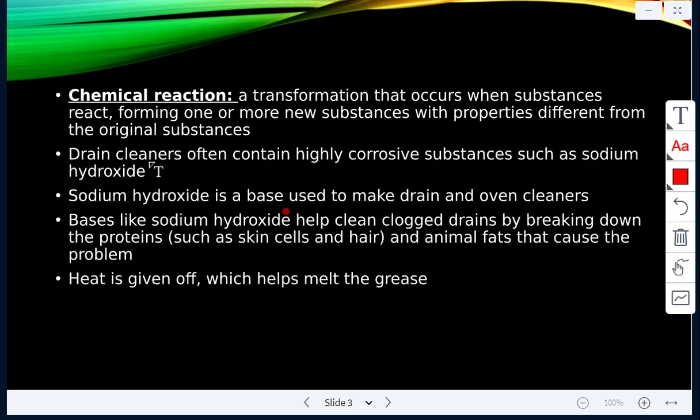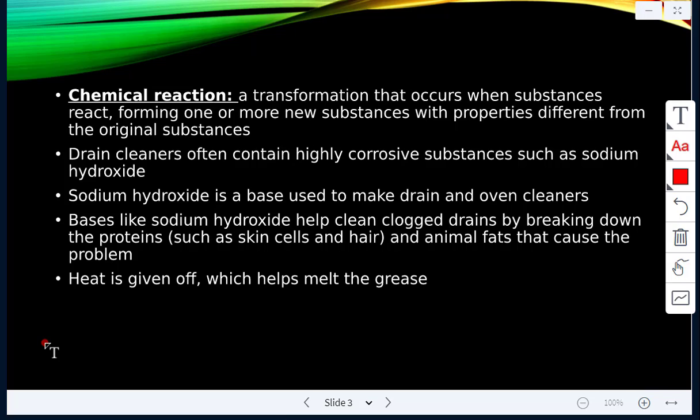When we talk about drain cleaners, like Drano, they contain a corrosive substance like sodium hydroxide. Sodium hydroxide is a base, and it's usually used for cleaning solutions like oven cleaners and drain cleaners.